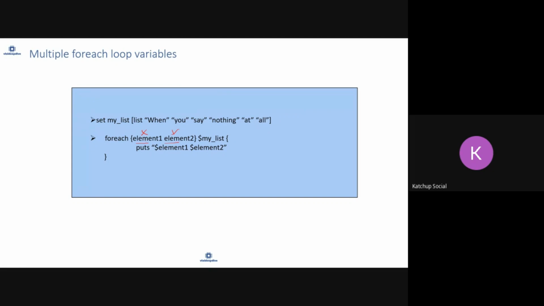What will happen now is element 1 will get when, element 2 will get you. Then element 1 will get say, and element 2 will get nothing, and then element 1 will get add, and element 2 will get all. So it will go 2 by 2. It will pick up two elements at one time, and the first will get the first index value, and the second will get the second index value. For this to work, there should be an even number of elements in the list. If they're odd, it will error.